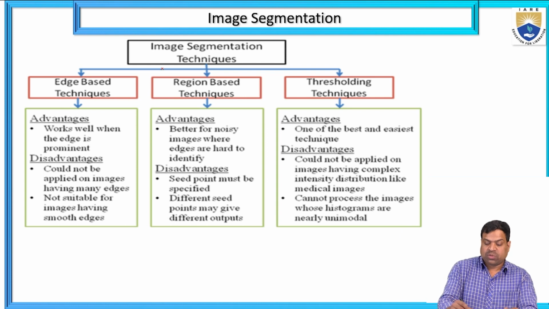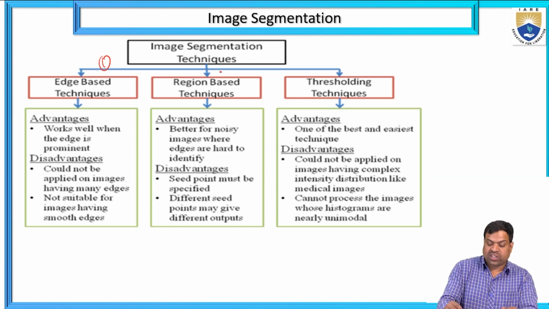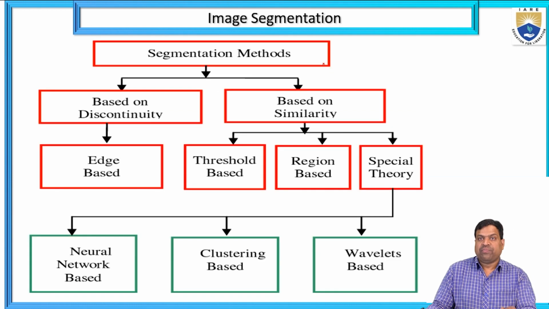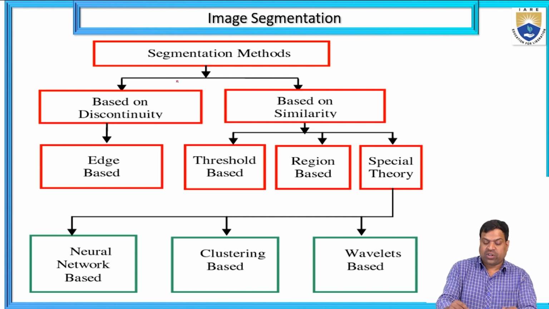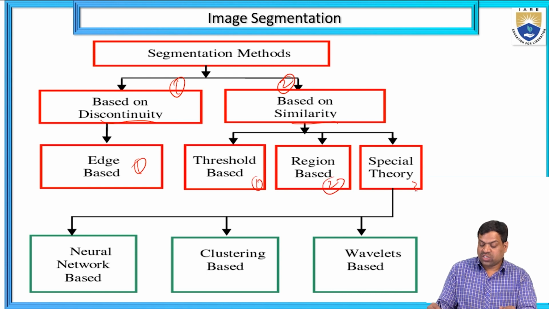Okay, so image segmentation has three types: edge-based technique, region-based technique, and threshold technique. Segmentation techniques are majorly based on discontinuity and similarity. Based on discontinuity, there is the edge-based technique. Based on similarity, there are threshold-based, region-based, and spatial theory.